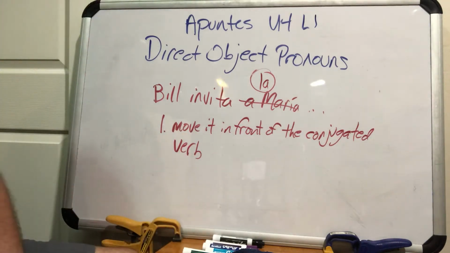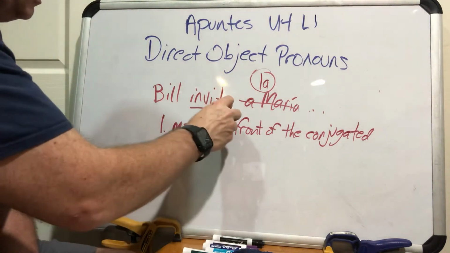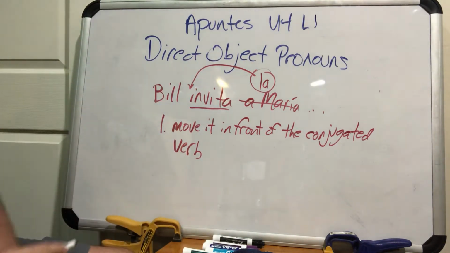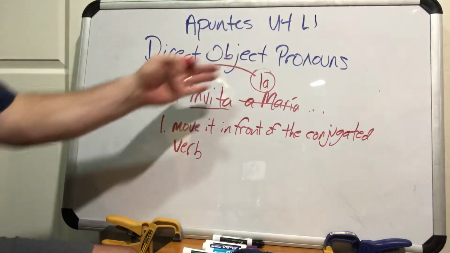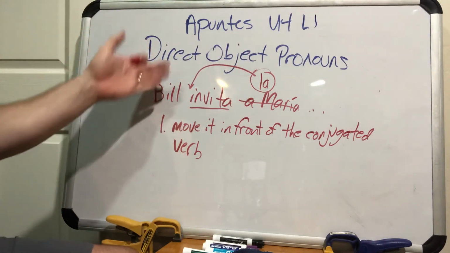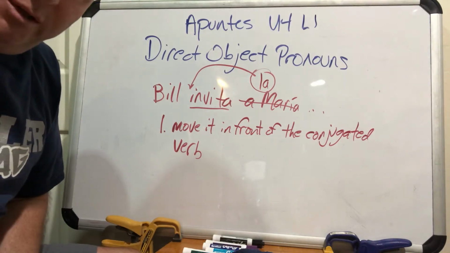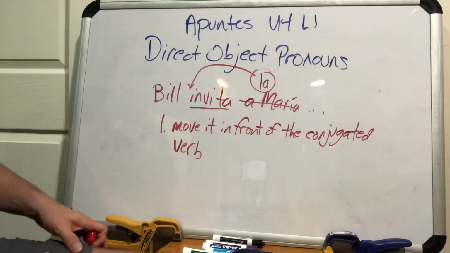So that would be, here's my verb, Bill invites. So I would move la in front. Okay, so you'd say Bill la invita to mean Bill invites her. It's hard to get used to because that's not the way we do it in English, but that's just the way they do it in Spanish.